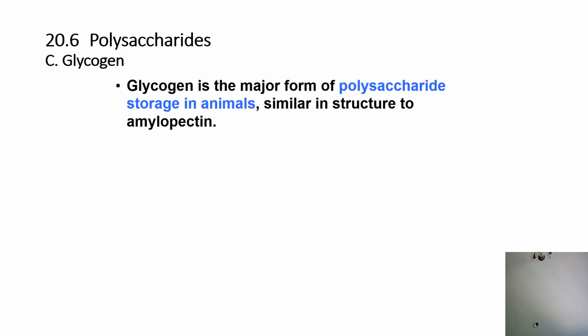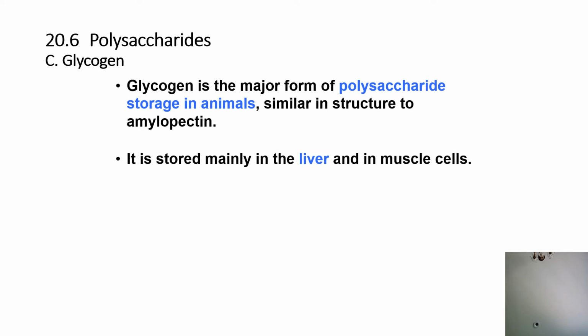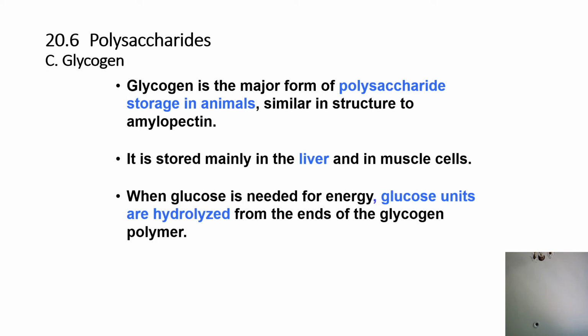Glycogen is the major form of polysaccharide storage in animals, including us, of course. It is similar in structure to amylopectin, however, it is more highly branched, more branching than in the amylopectin polysaccharide, primarily stored in the liver and muscles, but primarily liver.